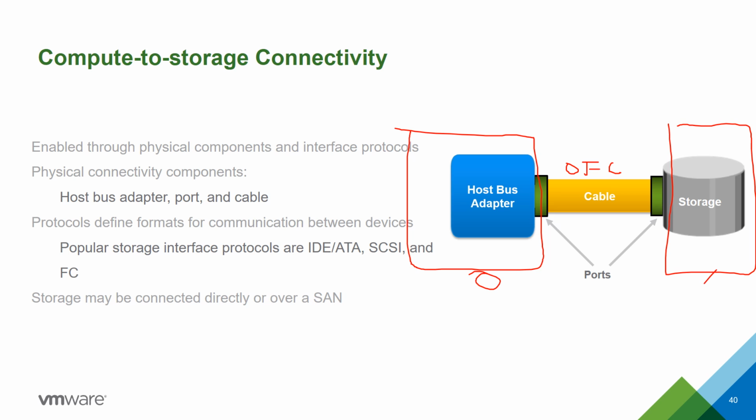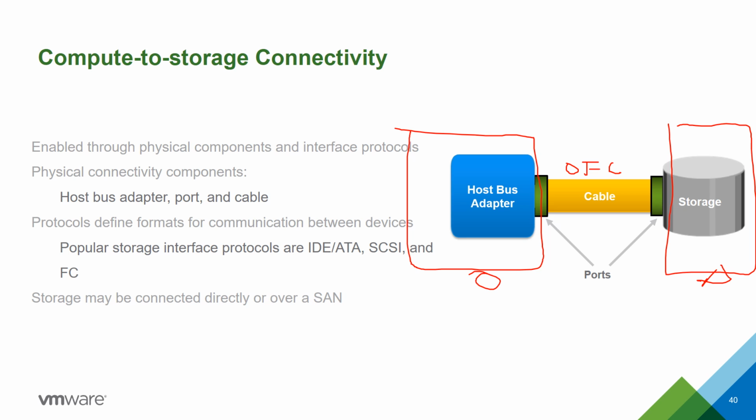And on the storage also, if this is your array, this port here is a fiber channel port, and it could be part of a larger adapter with multiple ports on it, right? And the protocols would define the formats of communication between these devices.